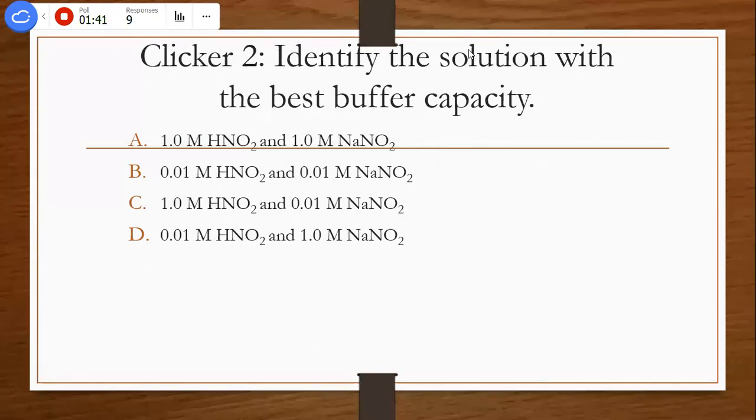You don't actually have to do any calculations. It's like remembering which one of these would be the most product favored if I gave you just values of Ka. You don't actually have to do the math. You could look at the size and tell.